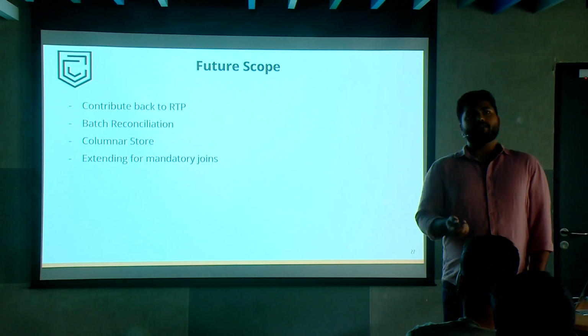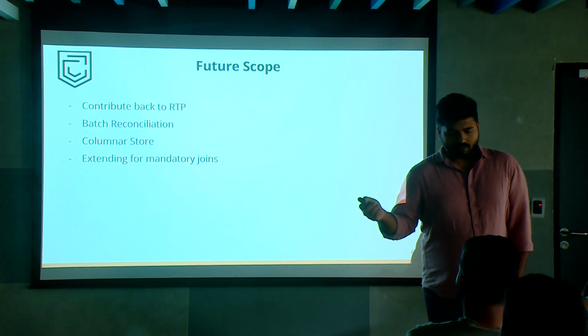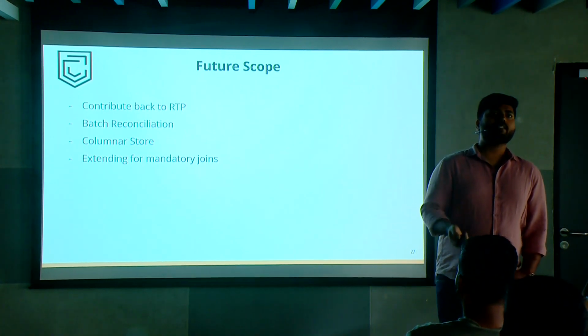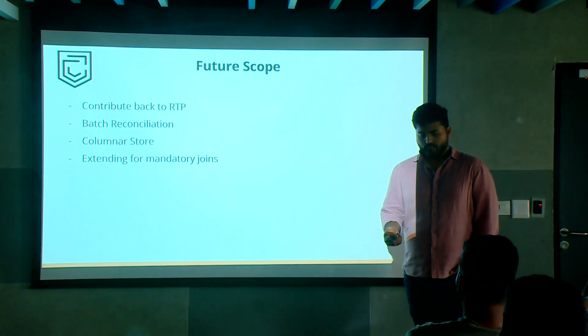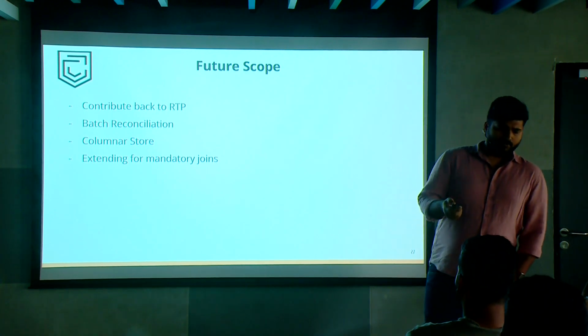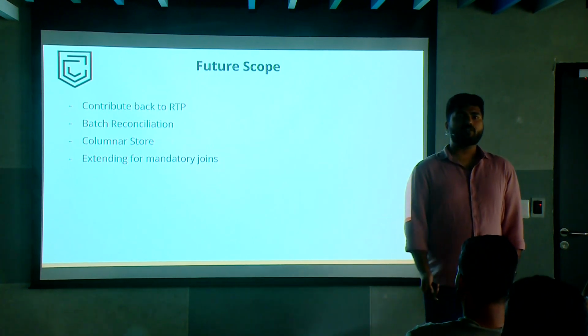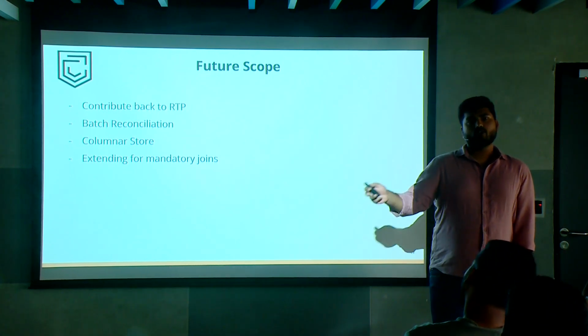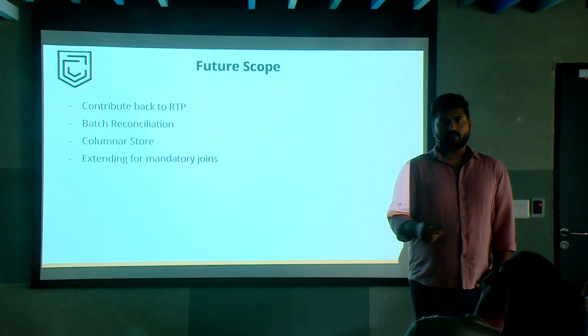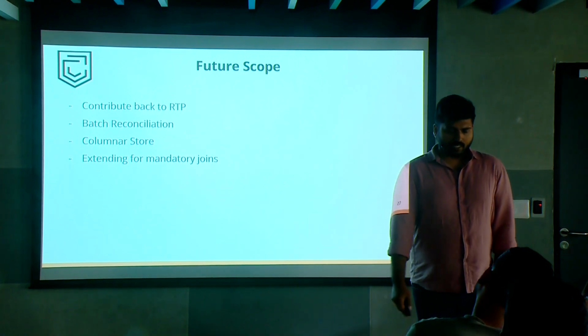As we talked about, our payload size is increasing a lot. We basically solved it by compression, but we can actually use any columnar store like ScyllaDB or something to break down the records into multiple columns, and then the record size will not be a concern for us.